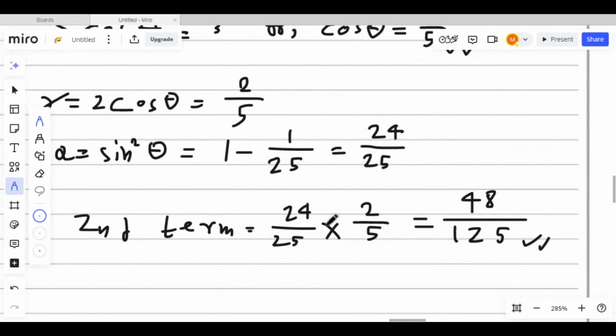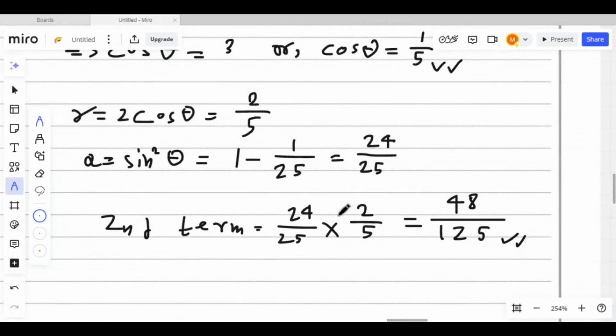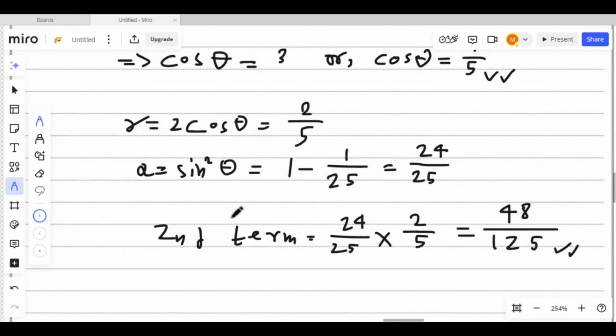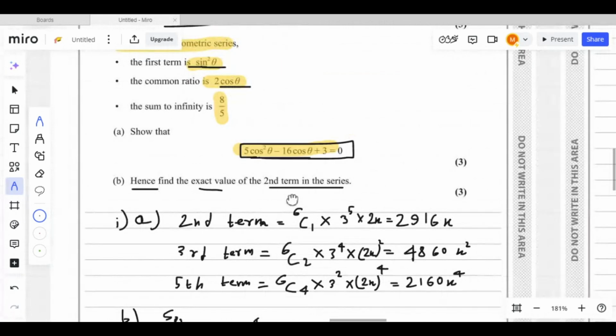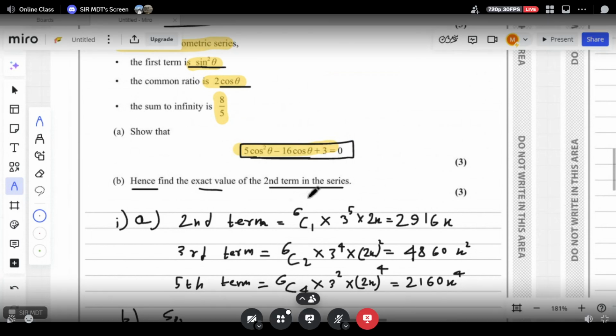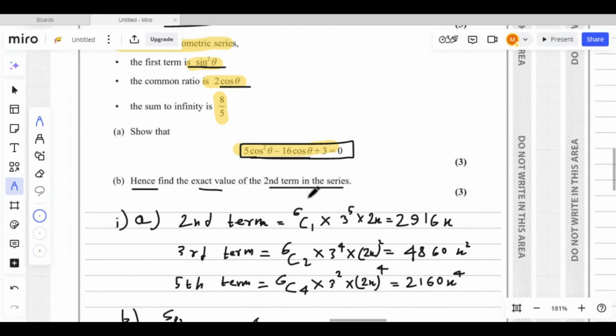This is the second term. Understand? Okay, that's it.